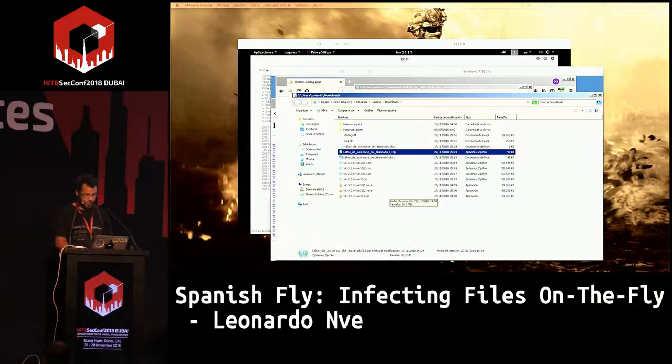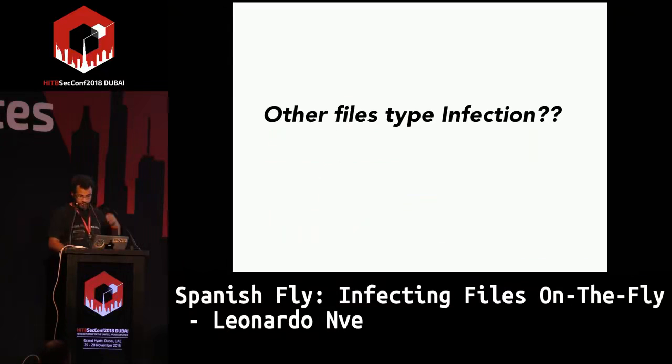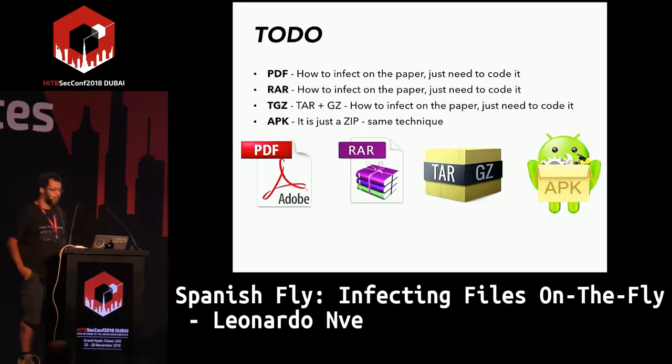Okay, 4 minutes. So, other file types still to do. I planned to do the same with PDFs, RAR files, tar.gz and APK files. I chose those extensions because I still see web page URLs on HTTP to download those kinds of files.